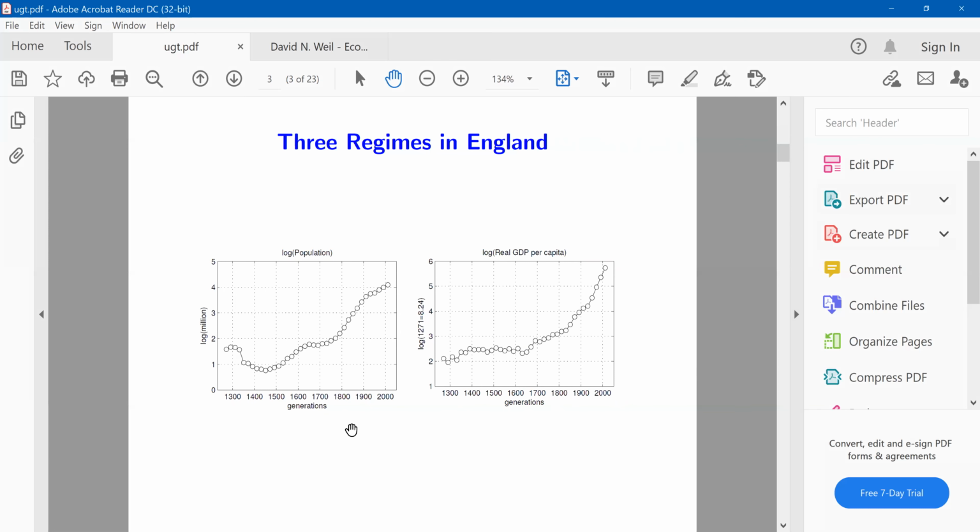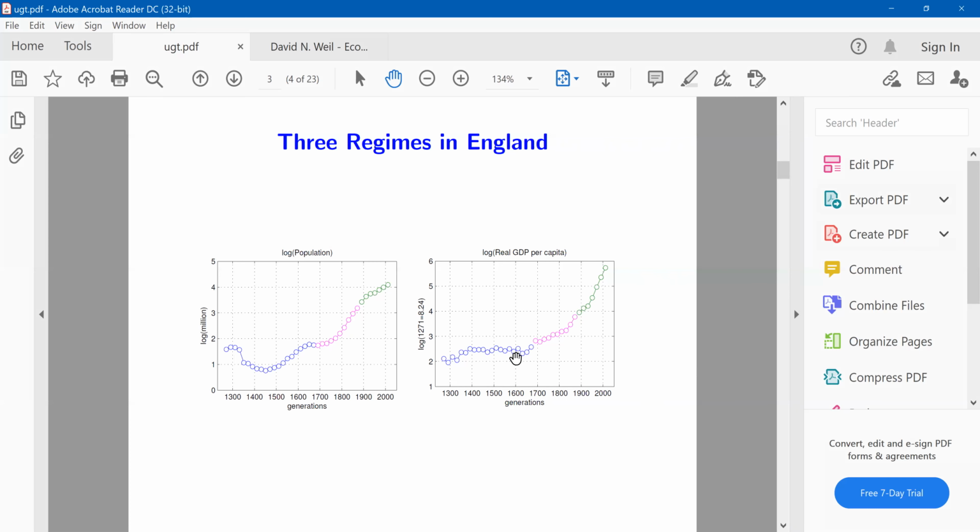And if you look at the horizontal axis, this is like 7 centuries. Now, if you carefully distinguish regimes in England, you see this result. So the blue one is roughly the Malthusian regime.